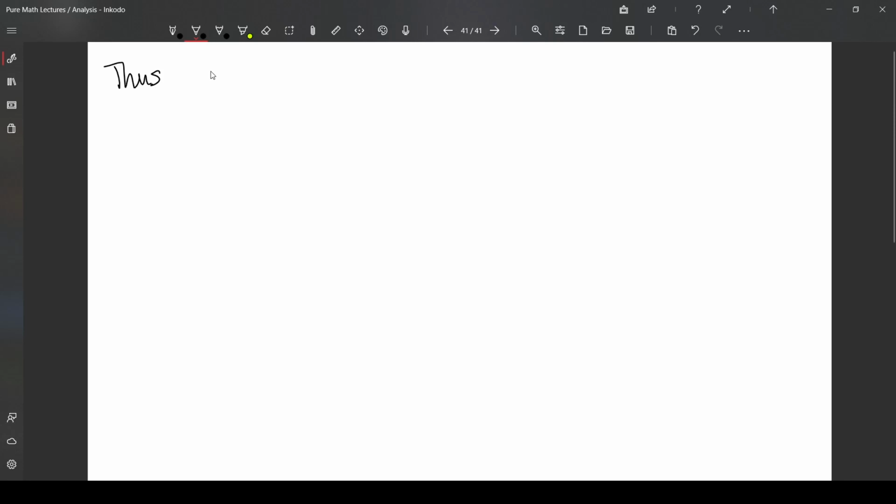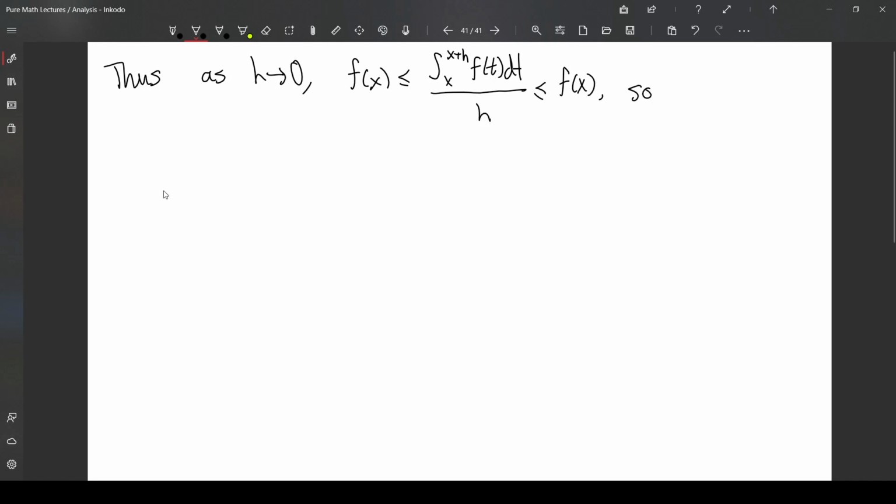Thus, as h approaches 0, we have f of x less than or equal to this quantity, less than or equal to f of x. So the limit as h approaches 0 of this integral over h is equal to f of x.